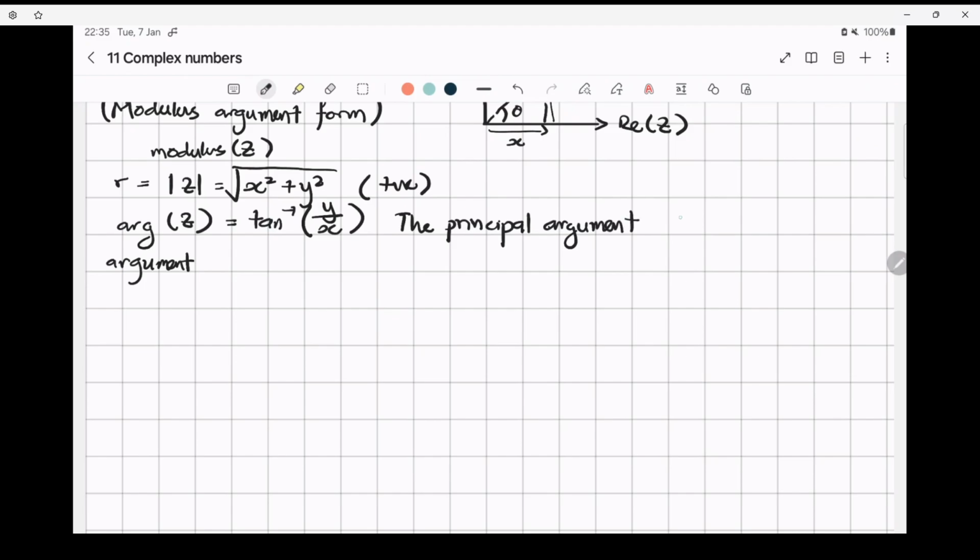We fix it to be from minus pi to pi. You can also fix it from 0 to 2 pi. That's up to you, but usually in A level, we fix it from minus pi to pi.